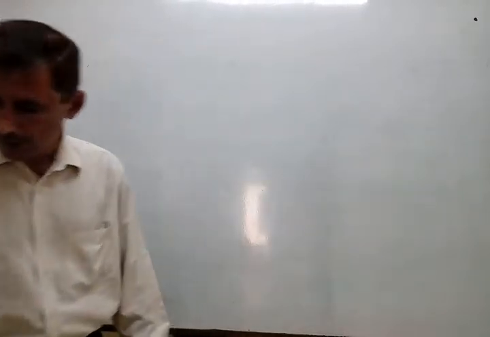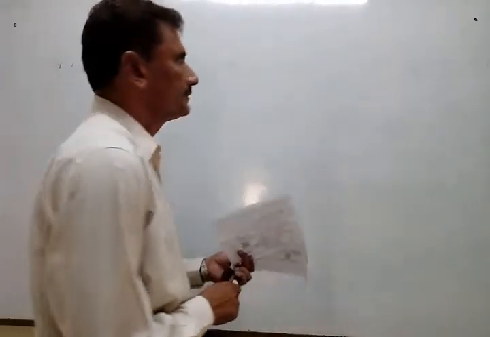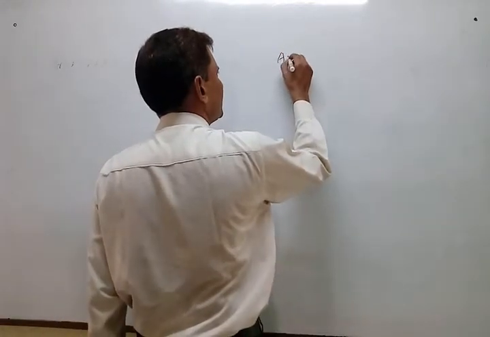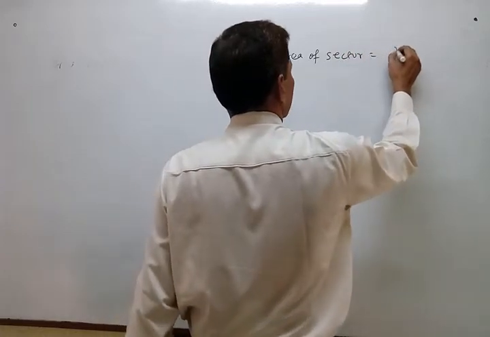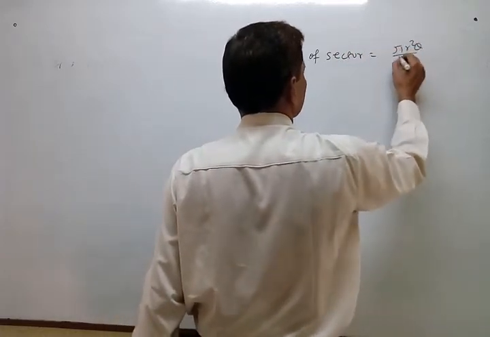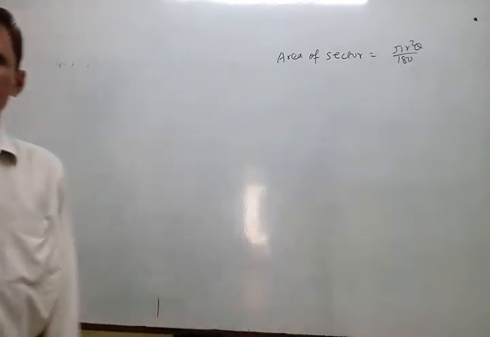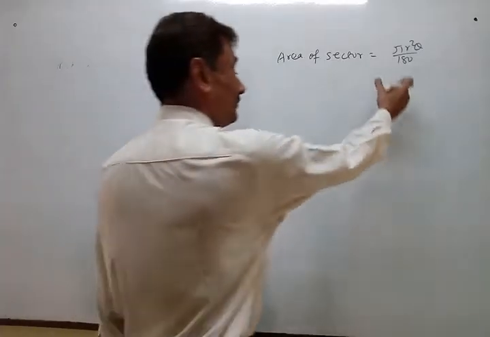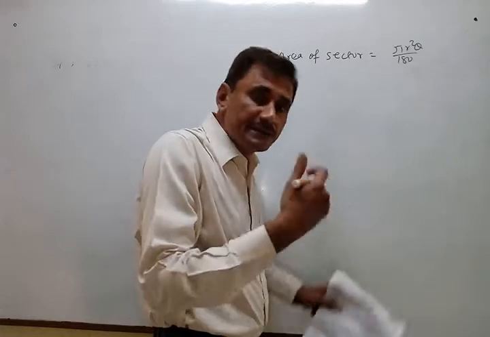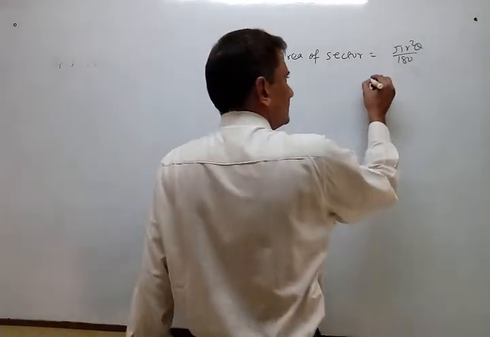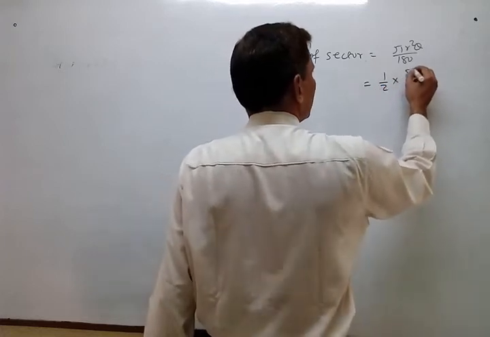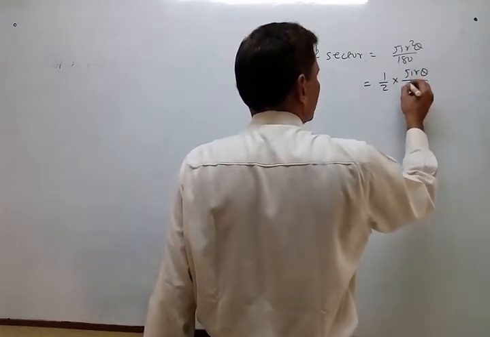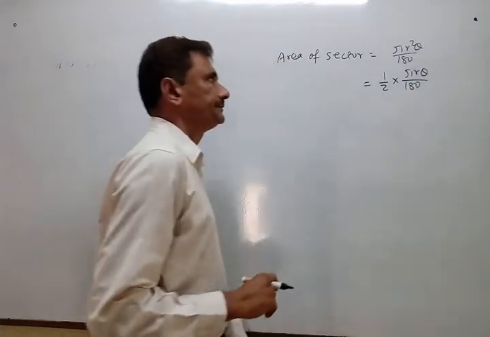So far we frequently used the area of sector, whether it is minor or major. The formula is pi r square theta upon 360. Suppose I want to derive some other formula from this: half into pi r theta upon 180.